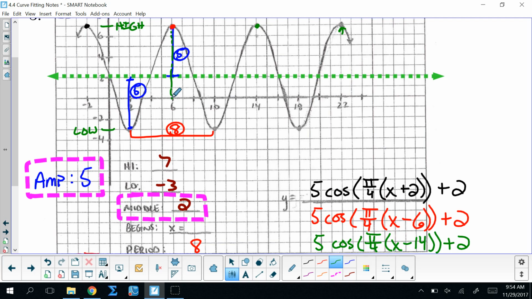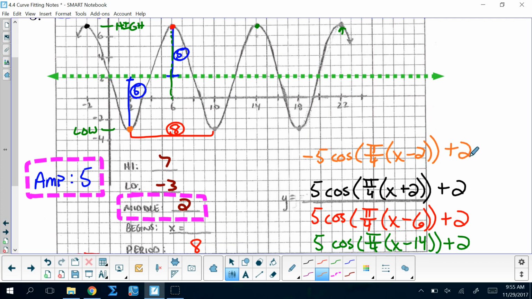Hold on. Because that one's going to be a negative a value. Right? So if I start here, that one's going to be negative 5 cosine of pi over 4 times x minus 2, plus 2.